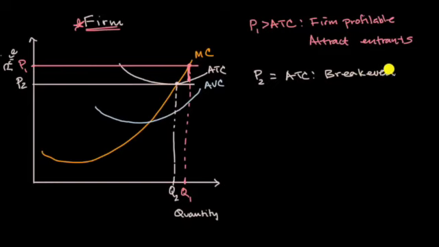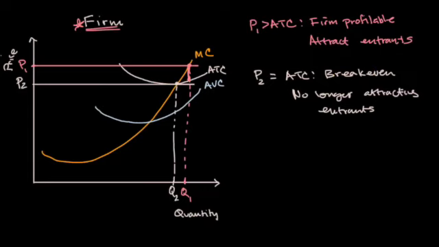And so here, the firm is neutral about whether in the long run it stays in the market or it exits the market, but you're no longer likely attracting entrants. But it does make sense for the firm to keep operating in this situation, even in the long run, because it is at least break even.